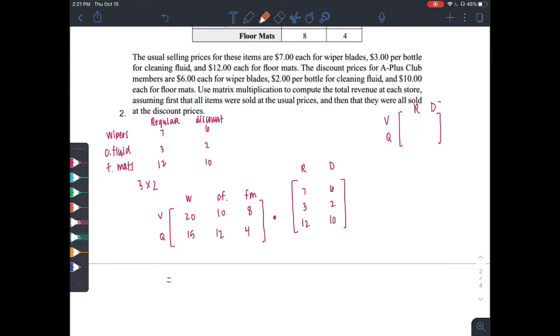So we're going to do first row by first column. So we have 20 times 7 plus 10 times 3 plus 8 times 12. Then we want to multiply by our second column. So we have 20 times 6 plus 10 times 2 plus 8 times 10.